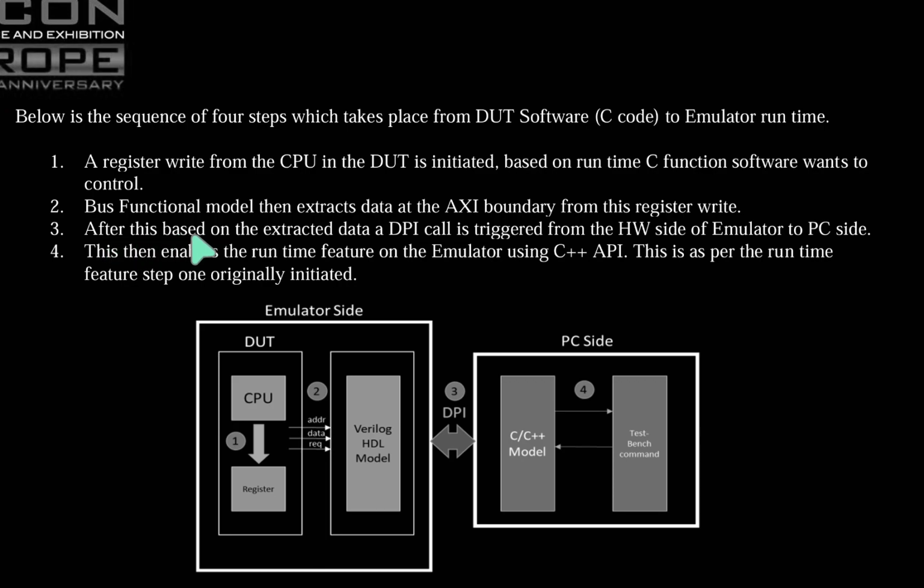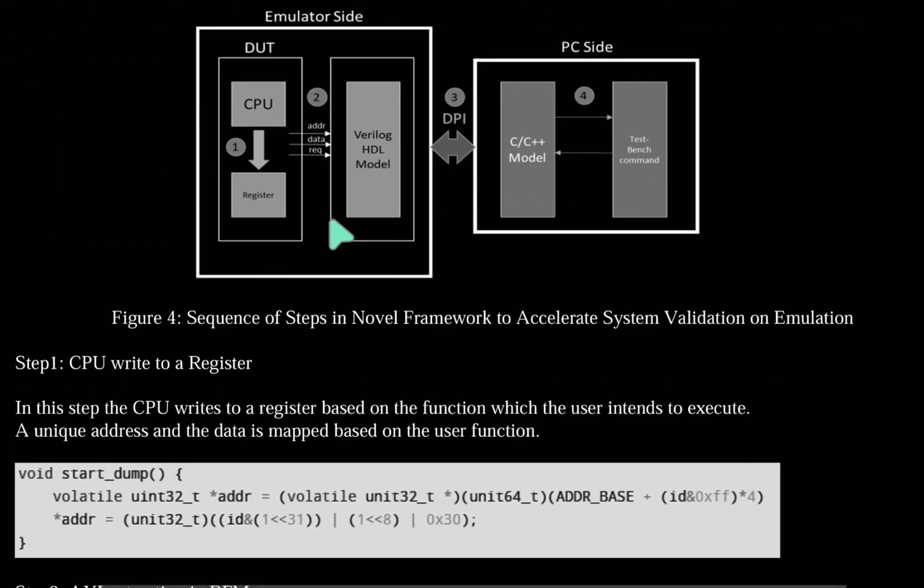After this, based on the extracted data, a DPI call is triggered from the hardware side of the emulator to the PC side. 4. Then this enables the runtime feature on the emulator using C++ API. This is as per the runtime feature in step 1 originally initiated. Figure 4. Sequence of steps in novel framework to accelerate system validation on emulation.